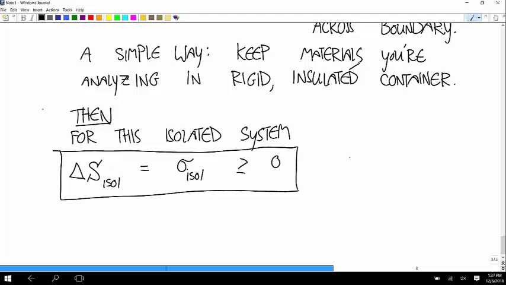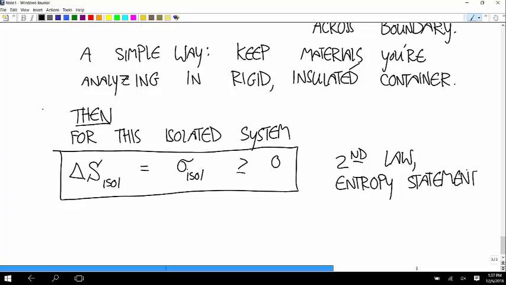This is probably the most concise form of the second law entropy statement. Because the universe is an isolated system, any process that happens in the universe increases the entropy of the universe.